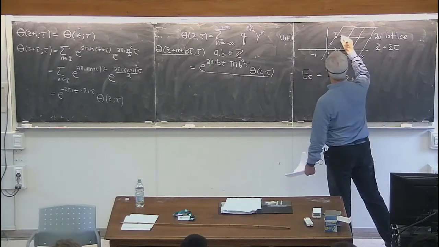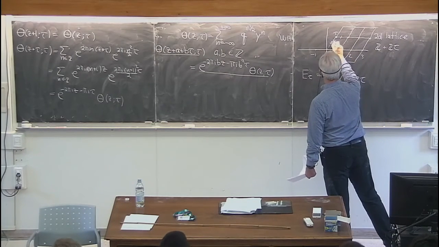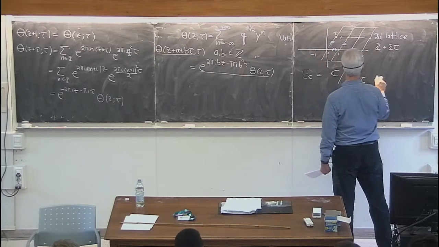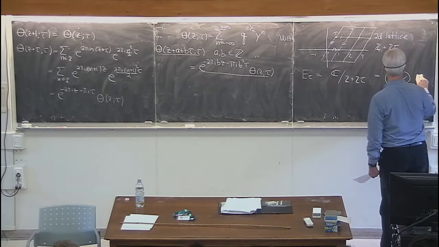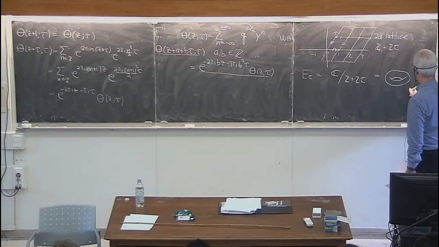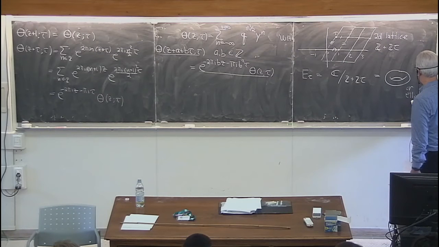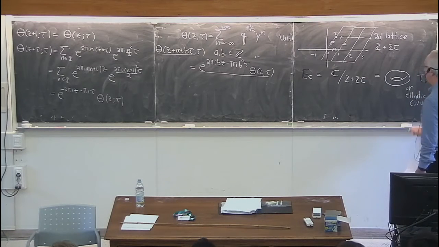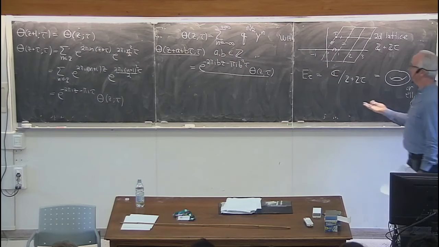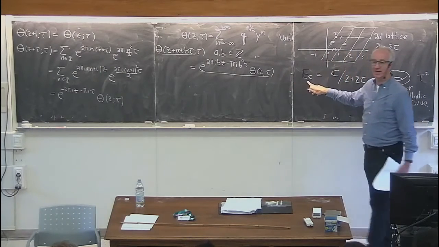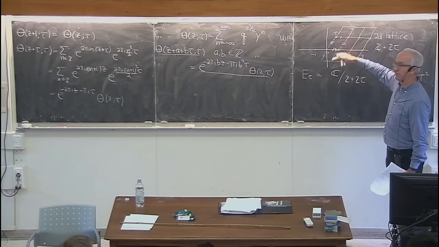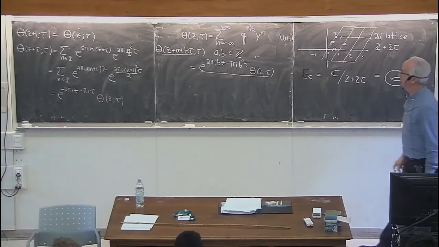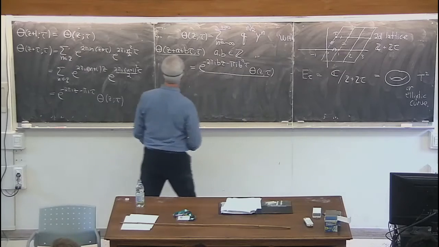So if I take one of these unit cells and I identify the opposite sides, this is a two-dimensional torus, a torus T2, or a mathematician would call this an elliptic curve. And we have a function that kind of wants to sit on here, but it doesn't sit here completely because it's not actually invariant when I shift by the lattice vectors. So we'll talk about this more.